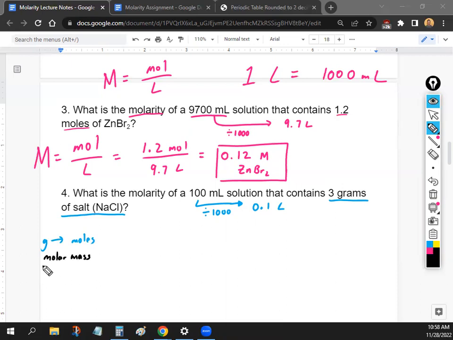And if you guys forgot what that was, that's the numbers that you get from the periodic table, okay? So we need to find the molar mass of our chemical, which is NaCl, and then we could turn it into moles and then plug it back into this equation, okay? So just jot that down somewhere. Whenever you're turning grams into moles, you're going to be using the molar mass, okay?